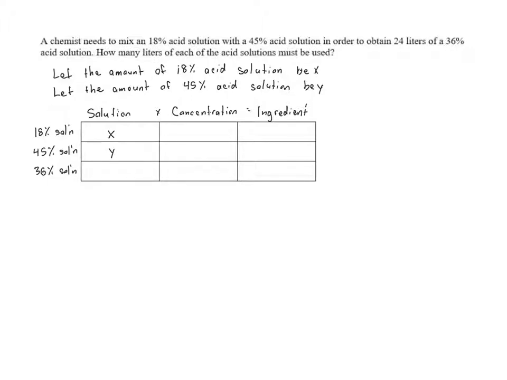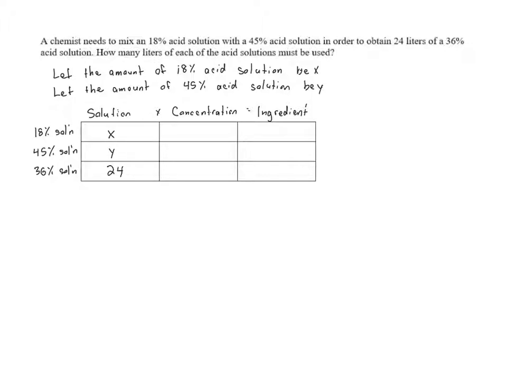And then at the bottom, they ask us how much of the 36% solution should there be. But if you look in the original problem, they tell us the chemist wants to obtain 24 liters of the 36% acid solution. So in this case, that's going to be 24. That one's not a variable. They tell us how much they want.